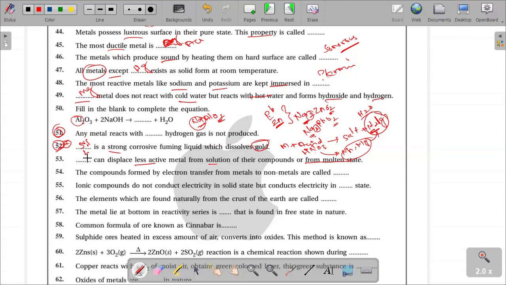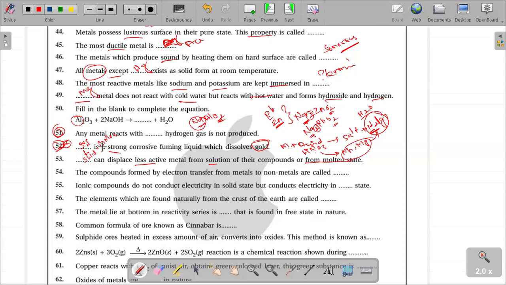HCl 3 portions and HNO3 1 portion. HNO3 1 ml means you should take HCl 3 ml. Then the mixture we call aqua regia, or otherwise royal water.